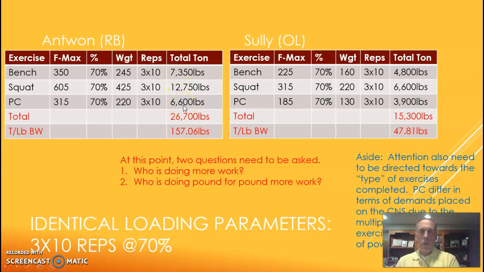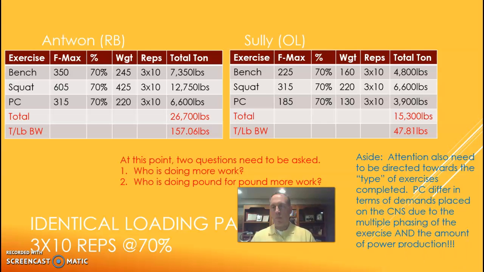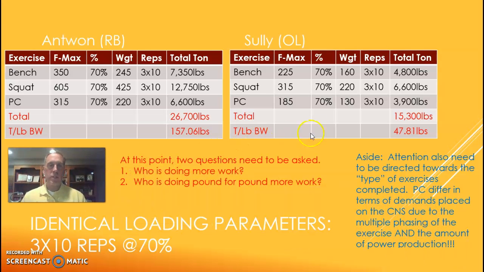His total workout would be 26,700 pounds. Sully, on the other hand, because he's not as strong, is pushing less weight. You can see that represented here. His total tonnage is actually less.